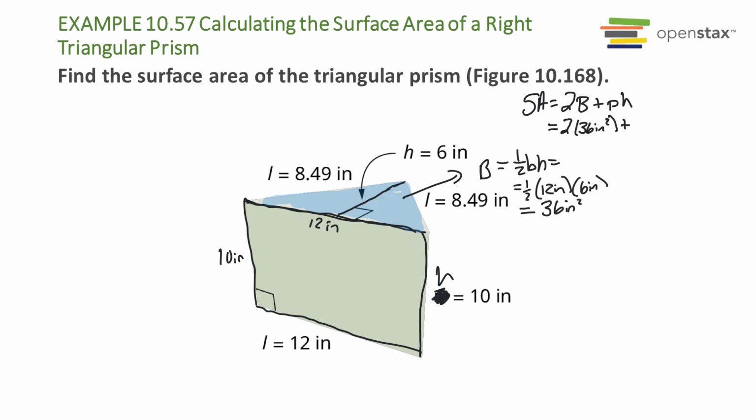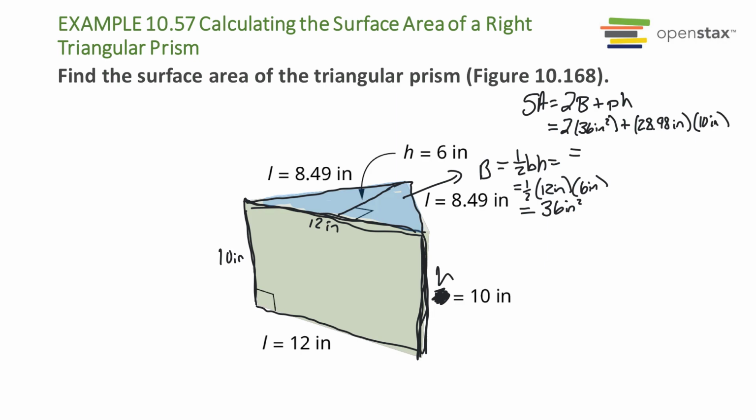The perimeter in this case is going to be 8.49 plus 8.49 plus 12. So the perimeter is 28.98 inches. And then the height is, again, the height of this prism, which is 10 inches.